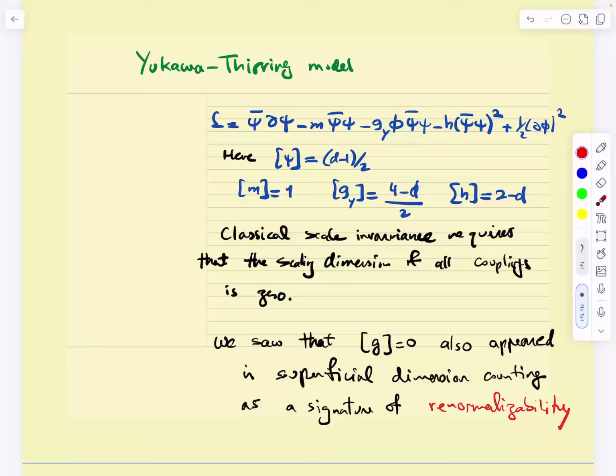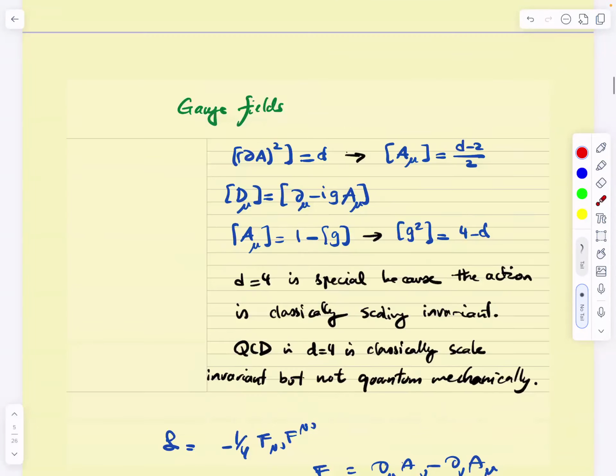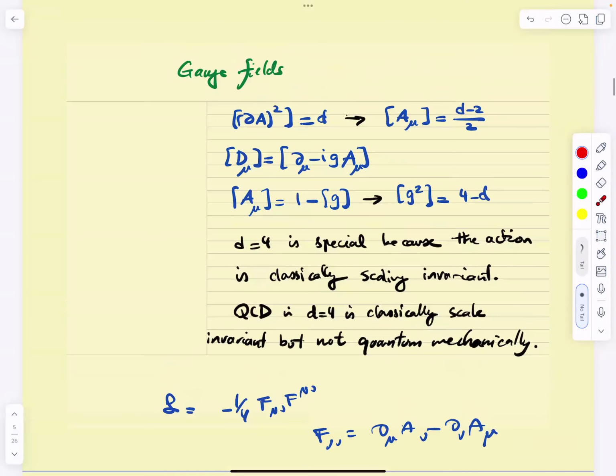Right? So the theory that is scale invariant in 4 dimensions has M equals 0, g_Y anything, h equals 0. Another theory that's scale invariant is M equals 0, g_Y equals 0, h anything in 2 space-time dimensions. Got it. Good? Okay. Any other questions?